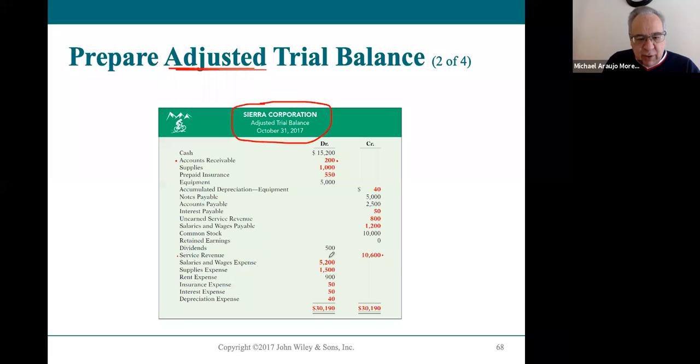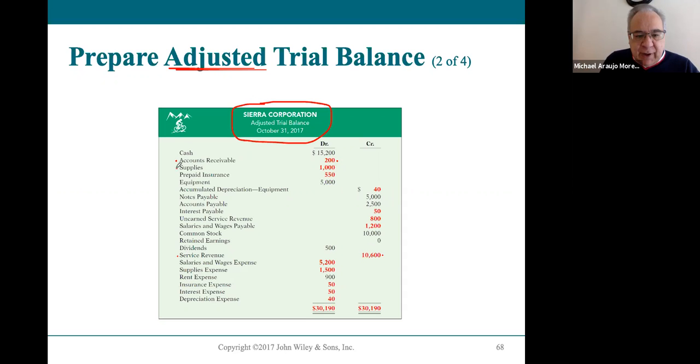So service revenue is also in red because this was part of the adjustment process. There were only 7 adjustments we went through, and you need to know all 7. So you know one of them already, debit accounts receivable, credit service revenue. That's an accrued revenue, learning objective 3.